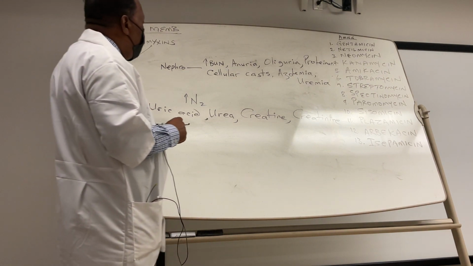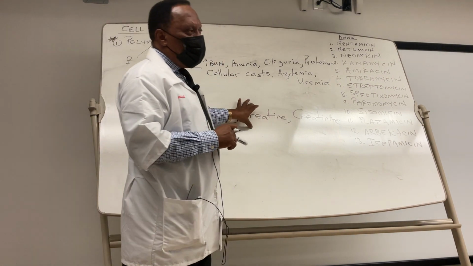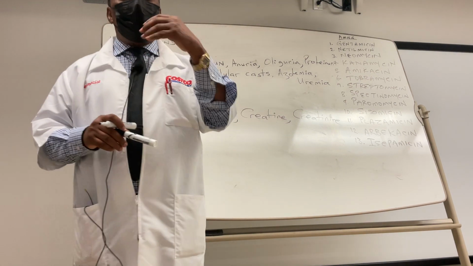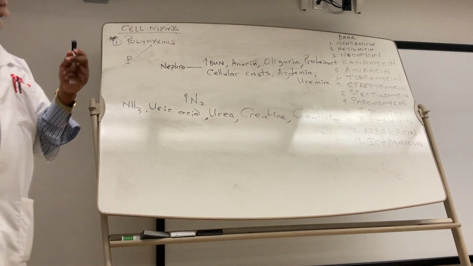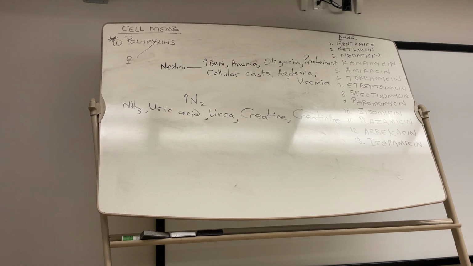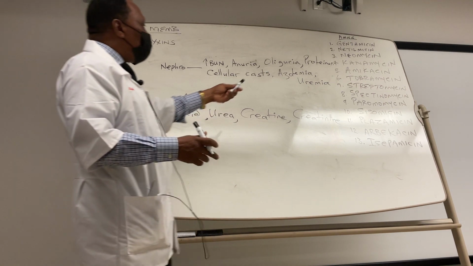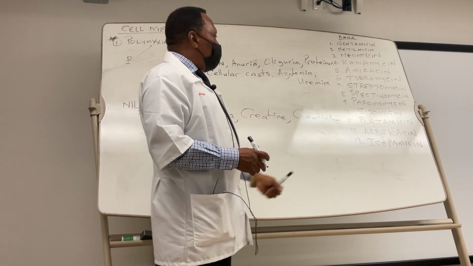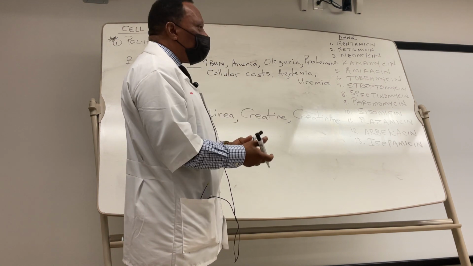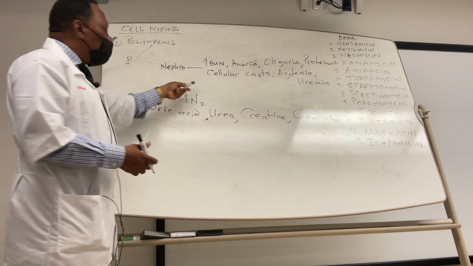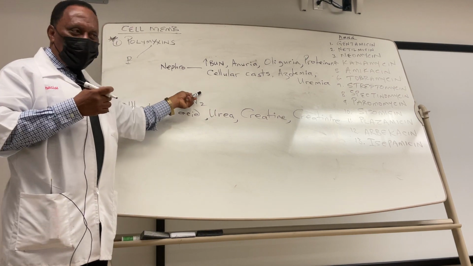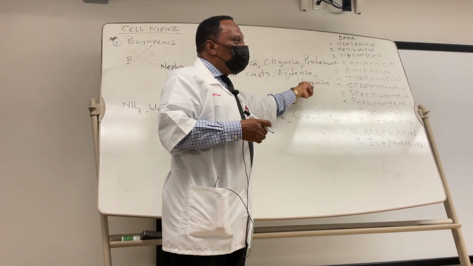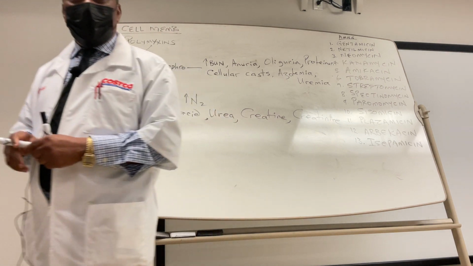When azotemia results in the expression of signs and symptoms of damage, that's when you have uremia. So when you have physical signs and symptoms resulting from this elevation of nitrogen levels, that's when you actually have uremia.